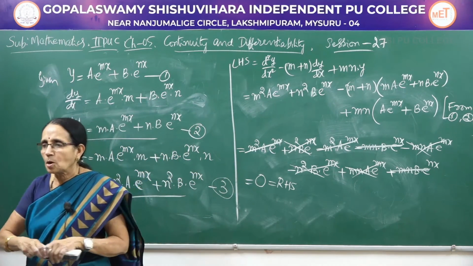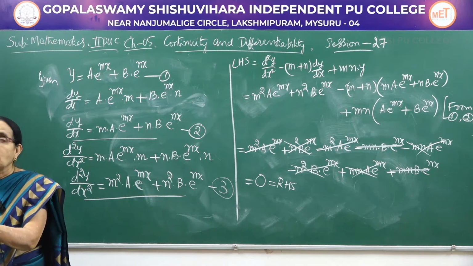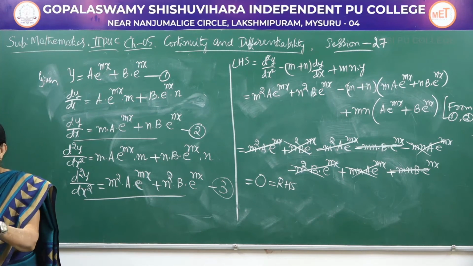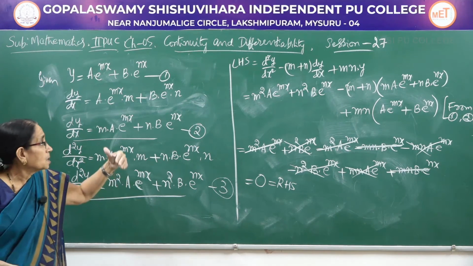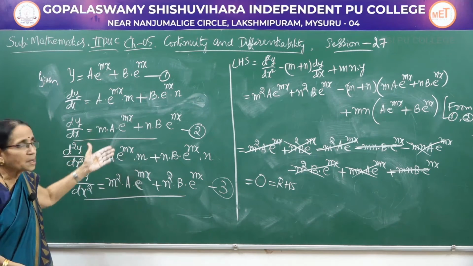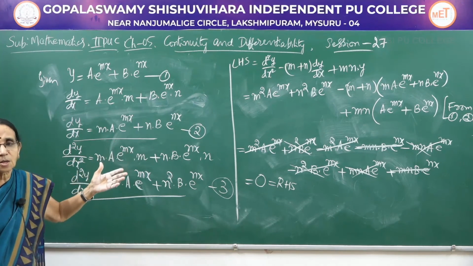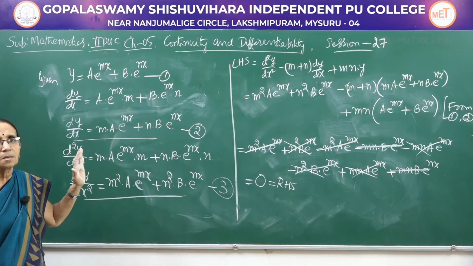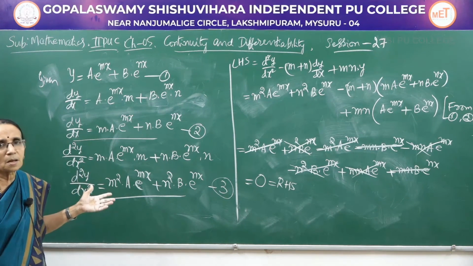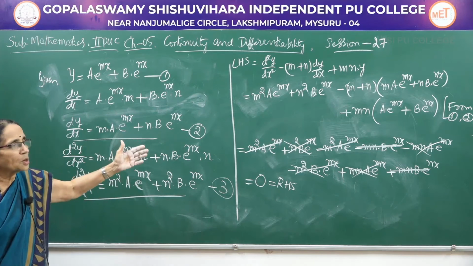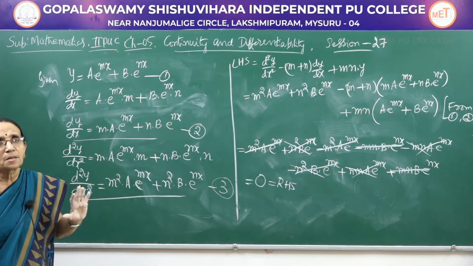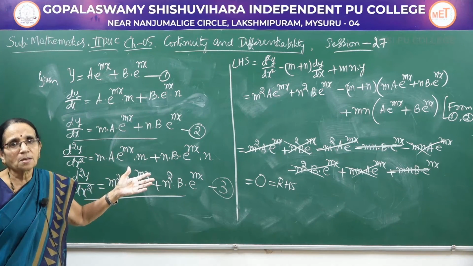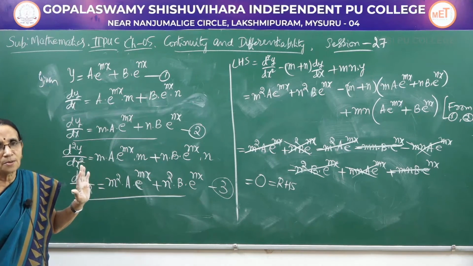So in such problems, whenever you have an exponential function, when you find the derivative, you can't get the expected answer directly. So in such cases, you have to calculate the first derivative and the second derivative, then substitute on the left hand side. Usually, if you want to get 0 on the right hand side, all the terms would be cancelled.